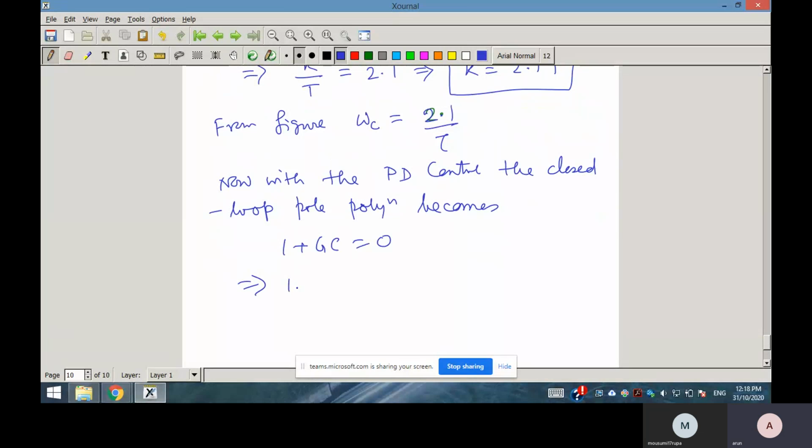So 1 plus G is 1 over S square, and C is Kp plus Kd into S. This is a PD control, Kp plus Kd into S. So this is equal to 0.